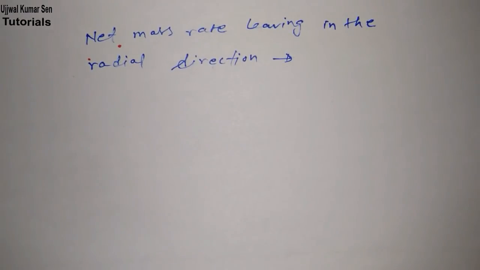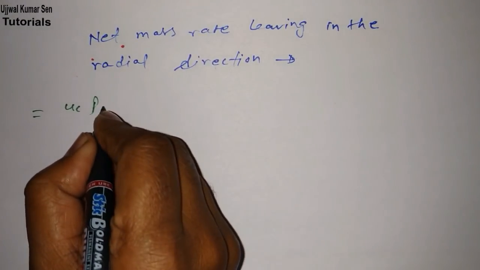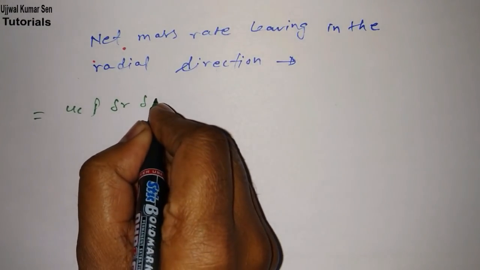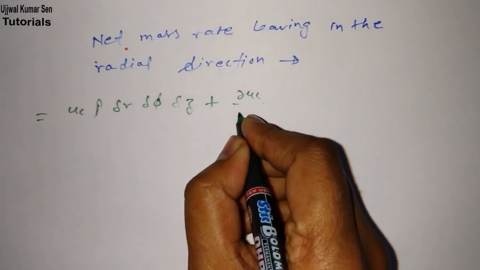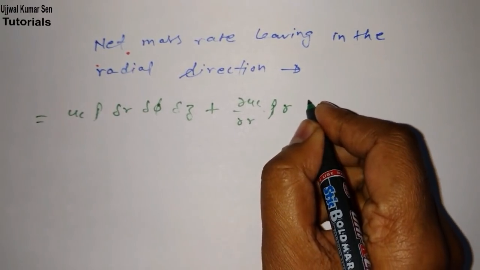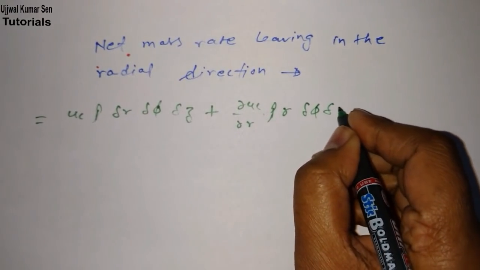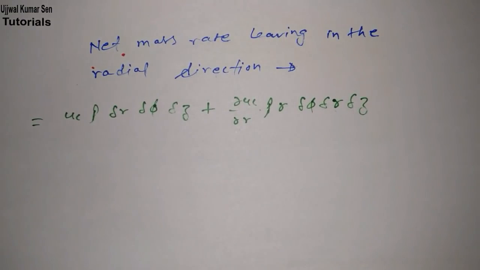Okay, so we have to find out this only. So here it is: u_r rho del r del phi del z plus curly u_r by curly r rho r del phi del r del z. So this is the thing we have written already.